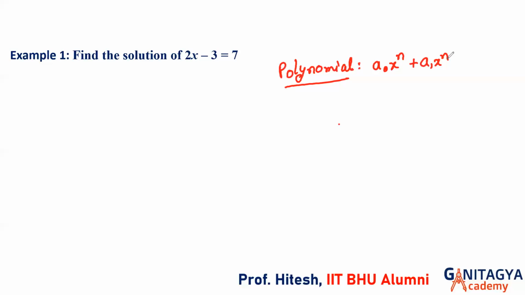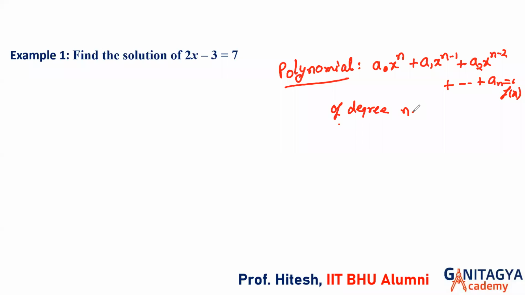a0 x to the power n plus a1 x to the power n minus 1 plus a2 x to the power n minus 2 plus and so on, and that is equal to f of x. This is nothing but called a polynomial of degree n.